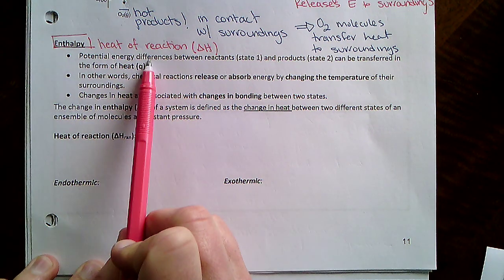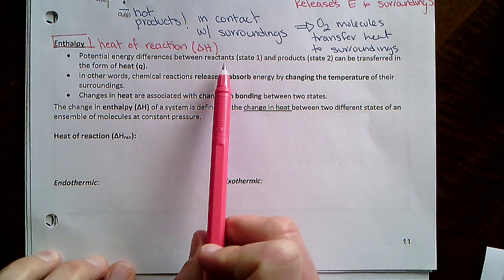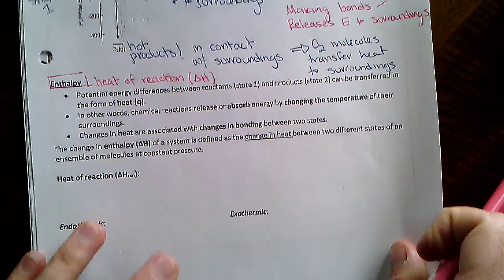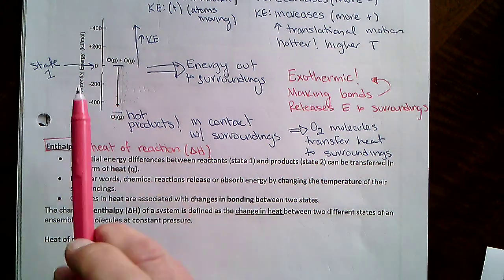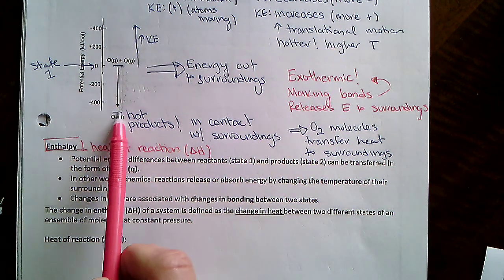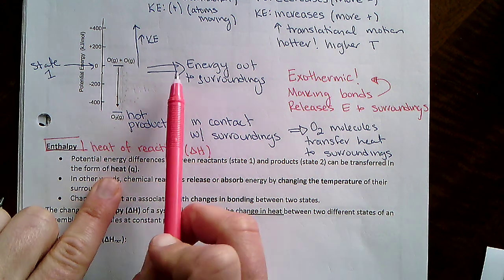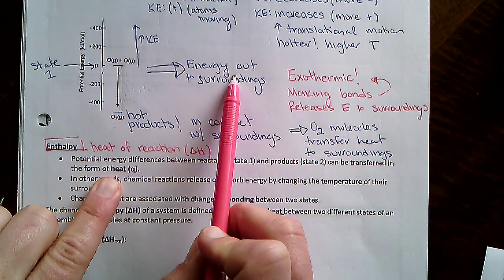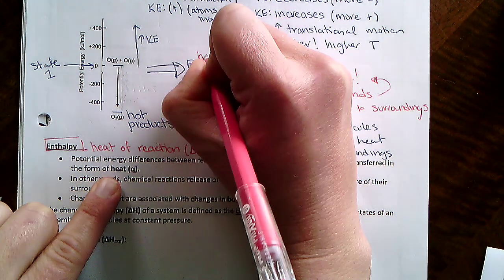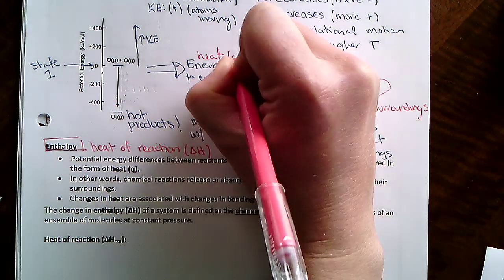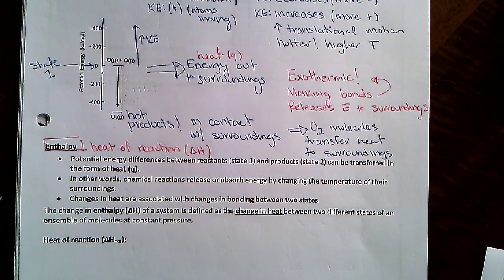Any energy difference between reactants and products, that potential energy difference is going to be transferred in the form of heat. And heat we abbreviate as Q.